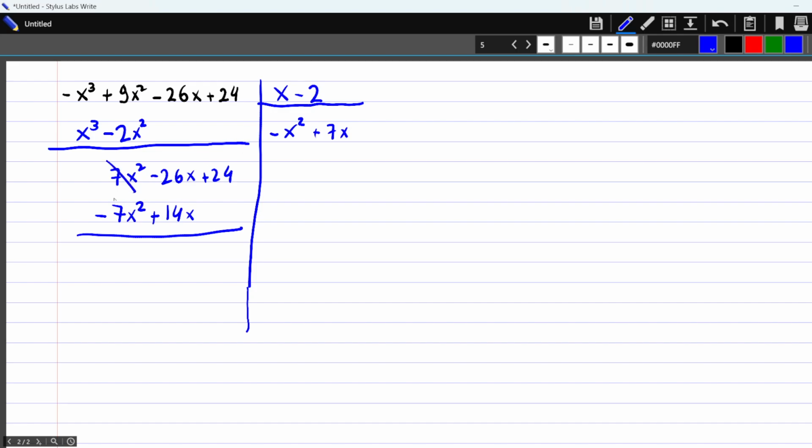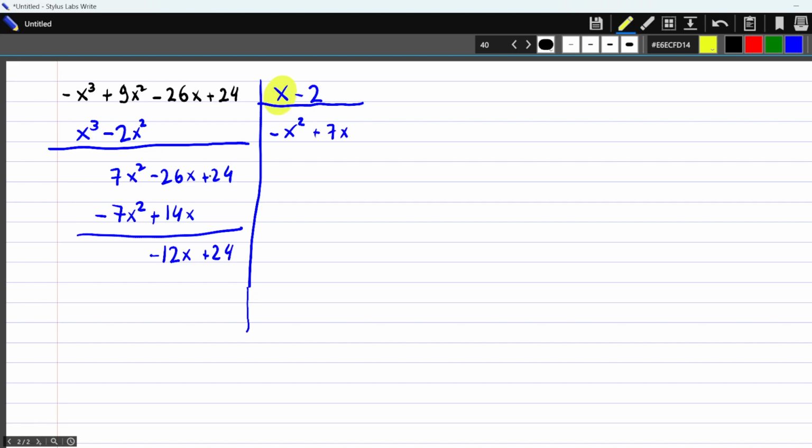So, this and this is 0. Minus 26x plus 14x, how much is it? 26 minus 14 is 12, minus 12. Minus 12x plus 24. So, I believe that the last question is this.